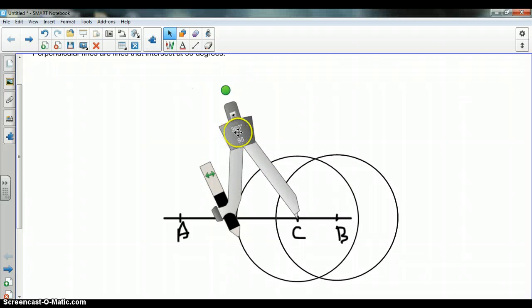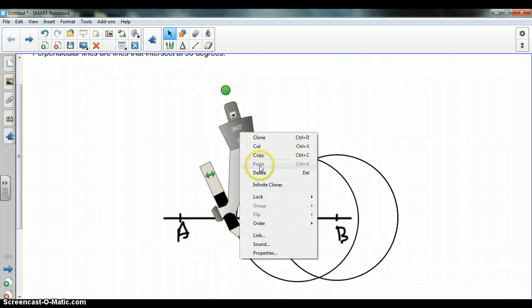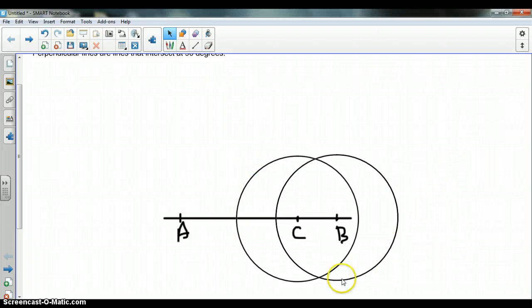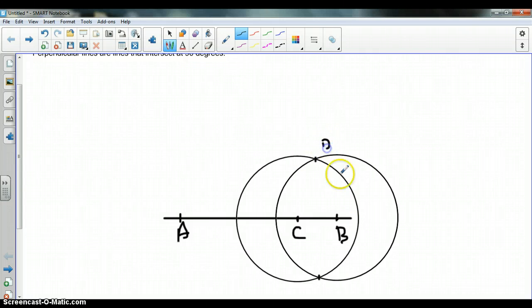Now I can take away my compass, and what I have here, you can see that there's a point there and there's a point there where they overlap. So I'm going to put a little dot right there, and a little dot right there. We're going to call this D, and this one down here is going to be called E.